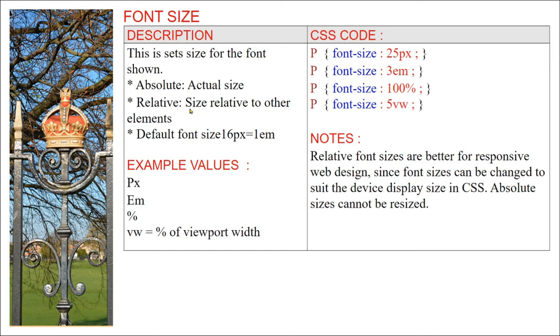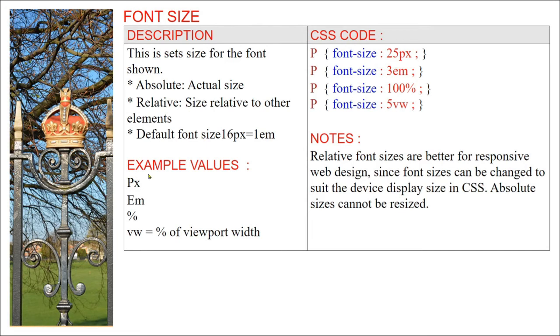When you show the text on a phone, you can set your default text to be 5 pixels. On a tablet, you can set it to be 10 pixels. On a laptop or a desktop, you can set it to be 20 pixels. So it's a much easier way of maintaining your text.